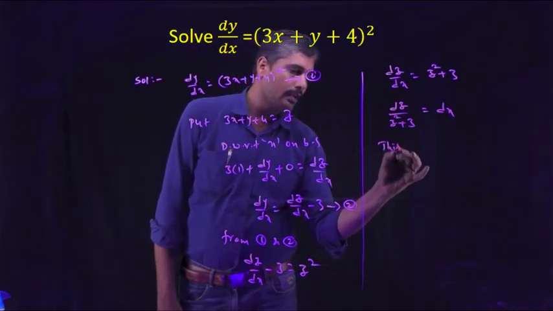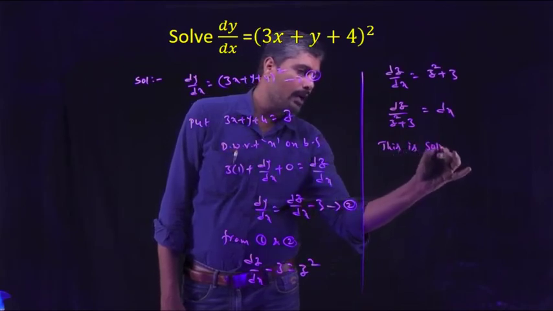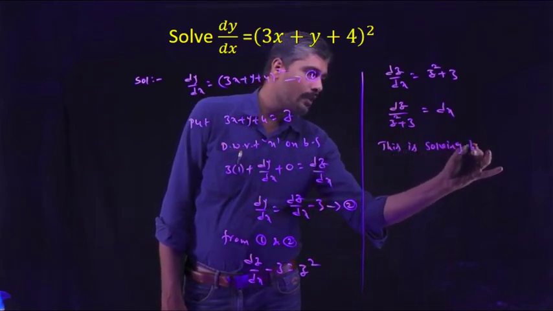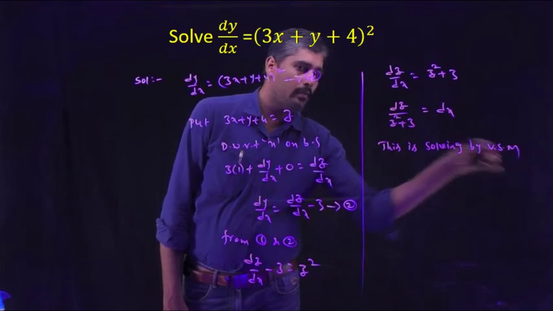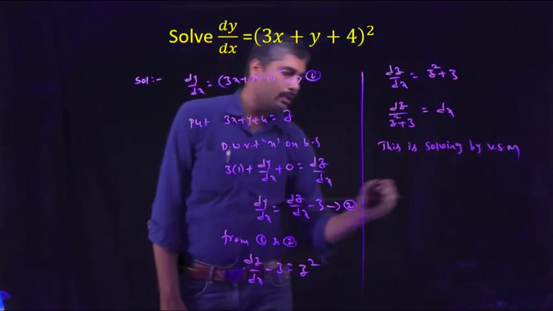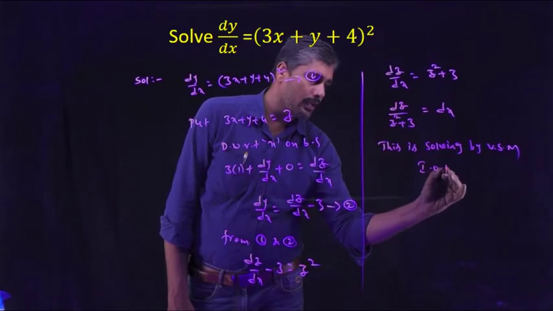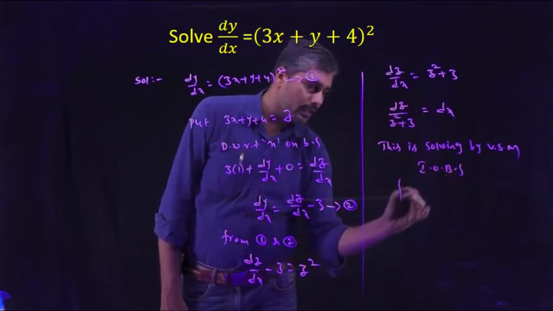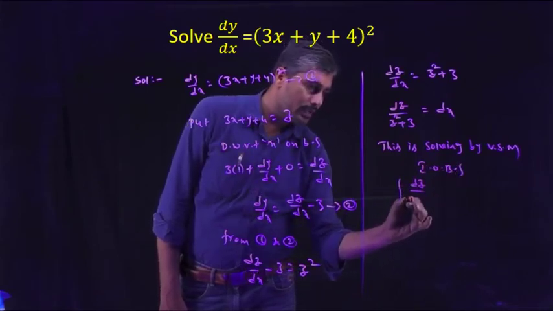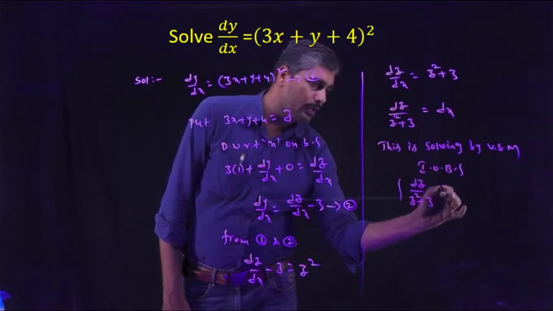This is solving by variable separable method. Right? Integrating on both sides: integral dz by (z square plus 3) equal to integral dx.